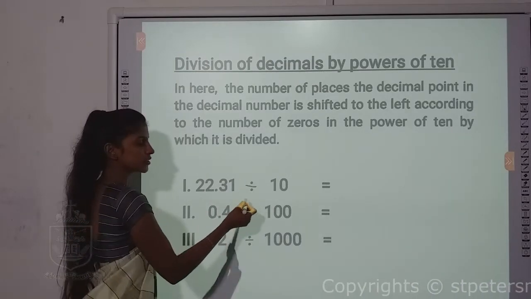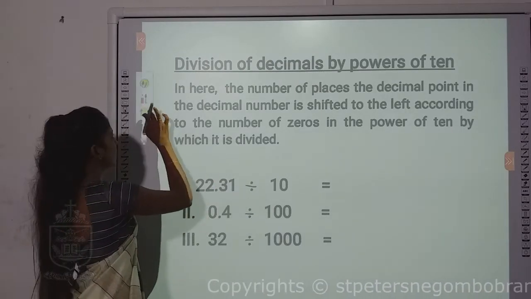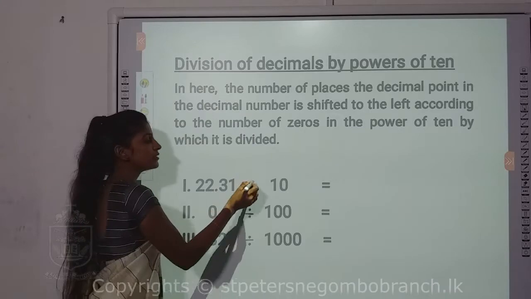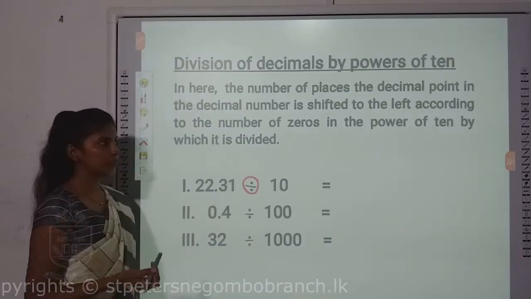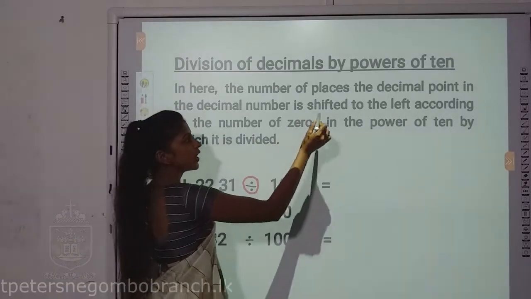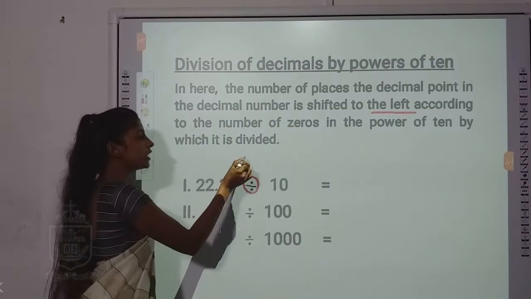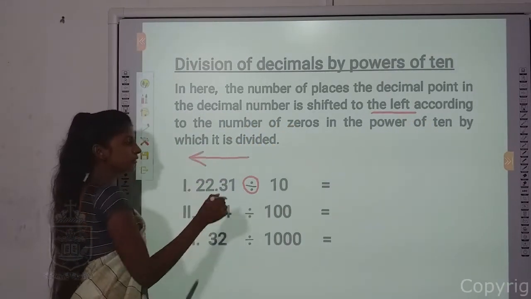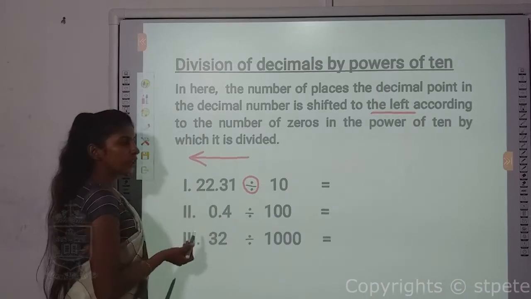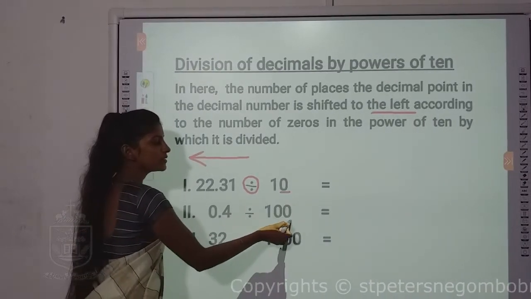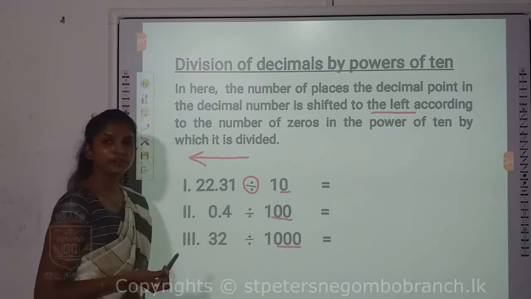Now it is division. If it is division, you have to do the opposite of what we did previously. If it is division, always move to the left. The decimal point will be shifted to the left from the initial point according to the number of zeros in the power of 10.